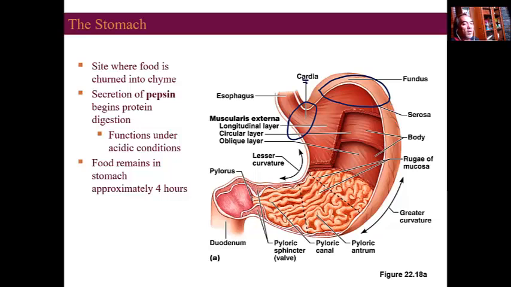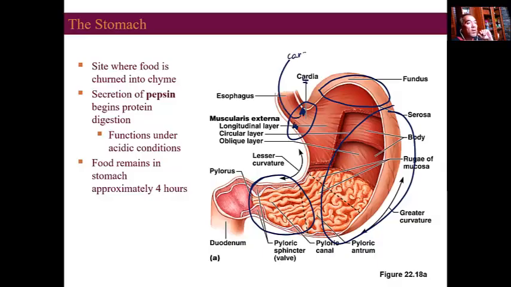And then after that, we have the body region of the stomach, and at the terminal, distal portion of the stomach, we call it the pyloric region. So those are the regions in your stomach. Now, in the cardiac region there's actually a valve, and that valve is called your cardiac sphincter. But it's more famously known by the name gastroesophageal sphincter.